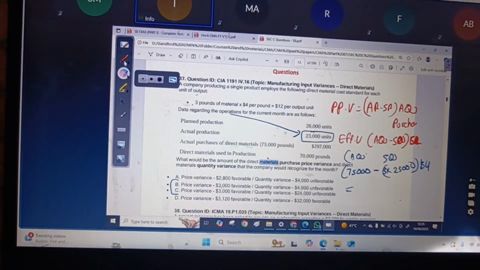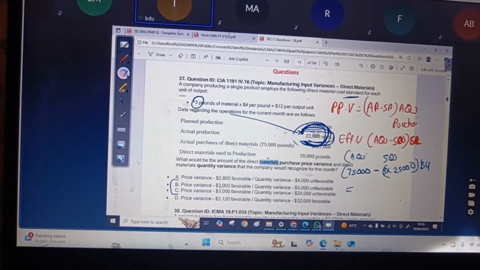They have already given me a material cost standard for each output. 3 pounds of input allowed. That is 3 pounds allowed for actual production. 23,000 multiplied by 3, we get the standard quantity of inputs allowed.